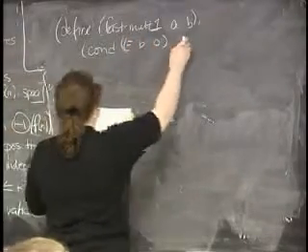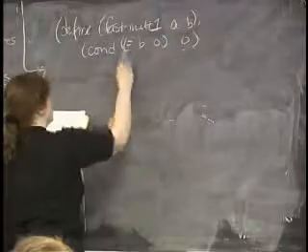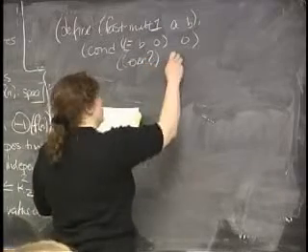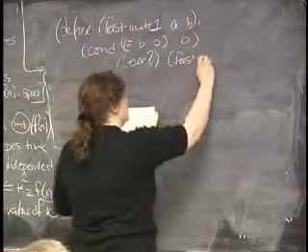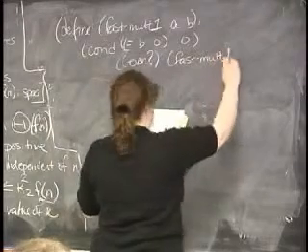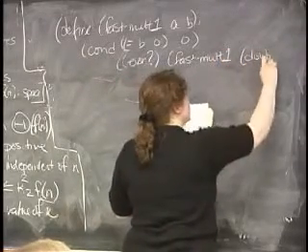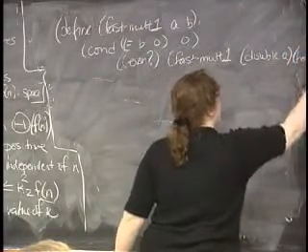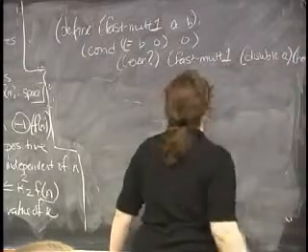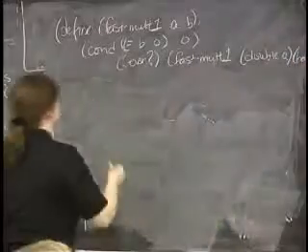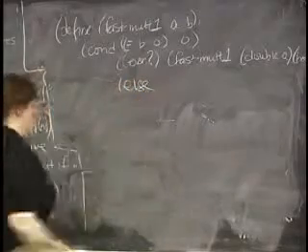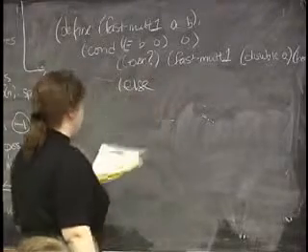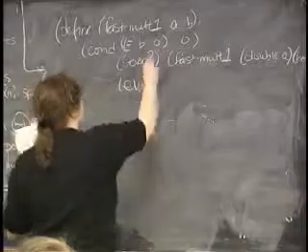If B is equal to 0, return 0. If B is even, we call fast mult 1 on double A and half B. Otherwise, yes, even B, sorry.